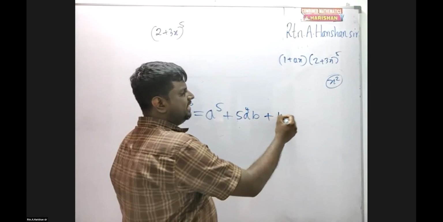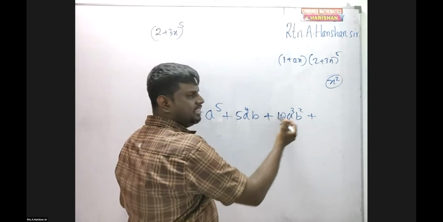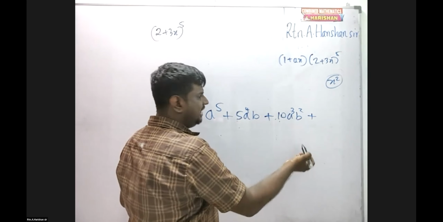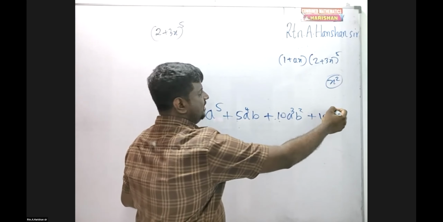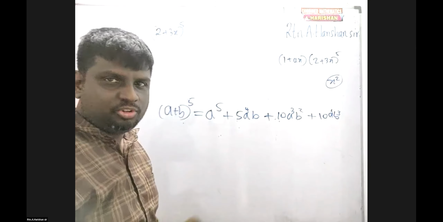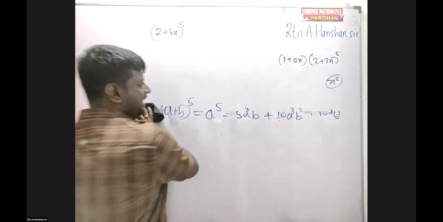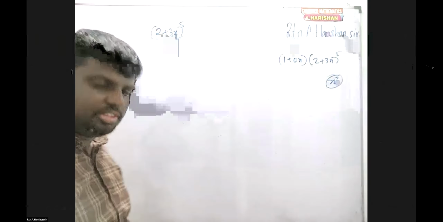Then 20 over 2 is 10, a cubed b squared. Then next one, multiply this 3 and 10 and divide by 3: 10 a squared b cubed. You understand how to do that? You know the technique? I erase this. This is how to write the big expansion without any problem.